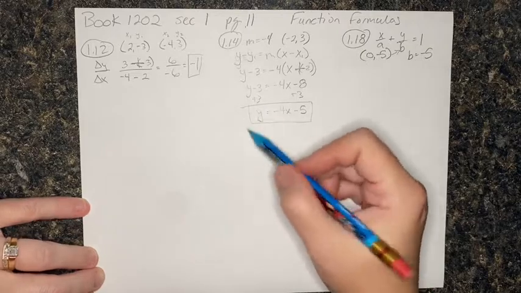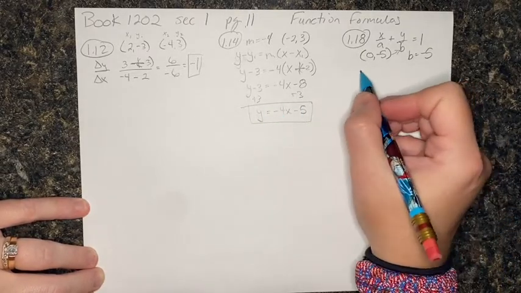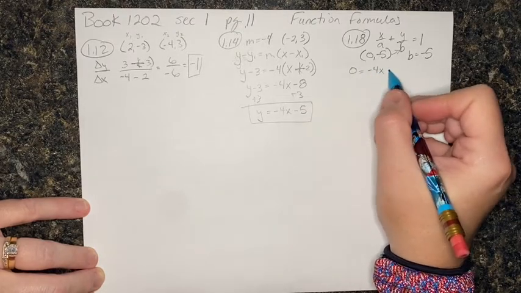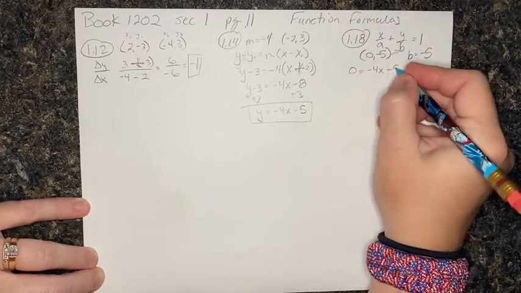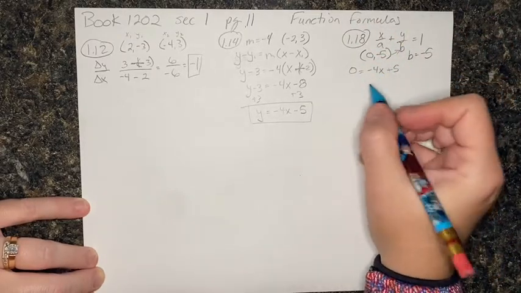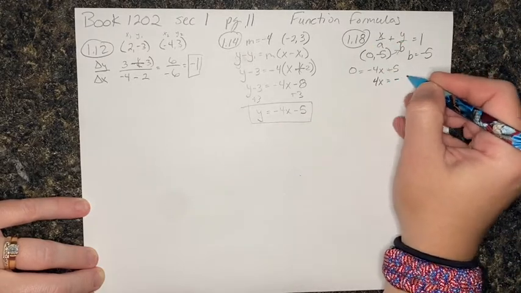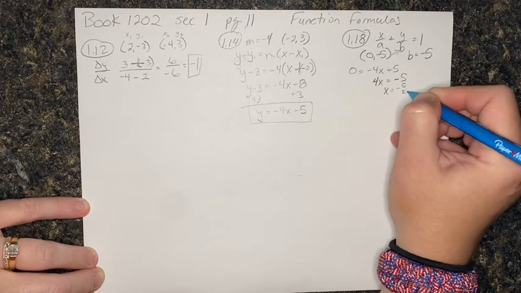But what if y were 0? How would we work that out? Well, if y is 0, then we have 0 equals negative 4x minus 5. And we solve for x. I'm going to move my 4x to this side by adding 4x to both sides. So 4x is equal to negative 5. X is equal to negative 5/4.